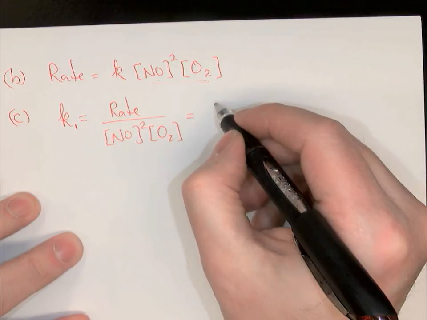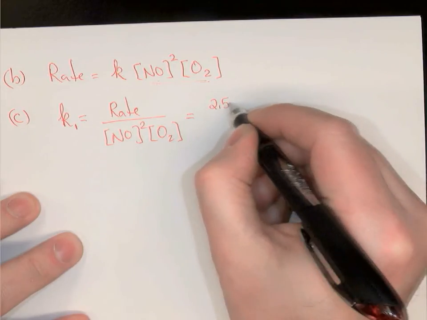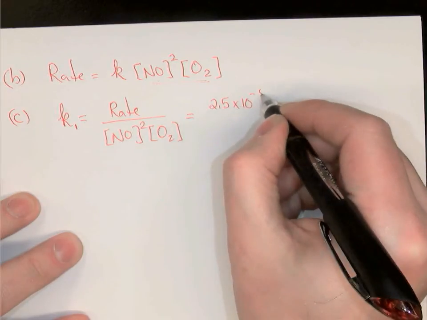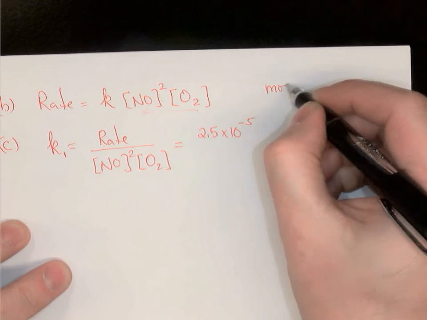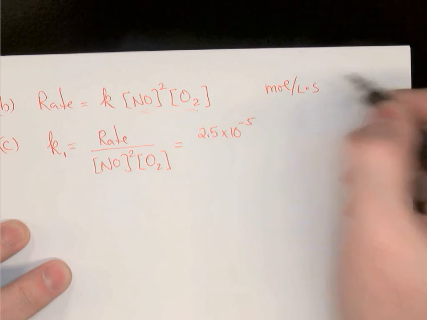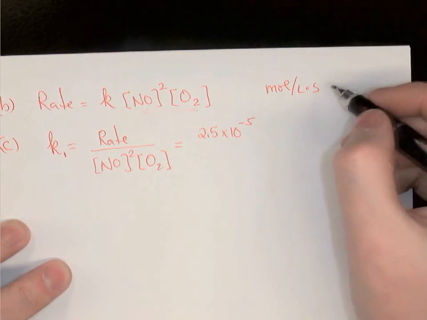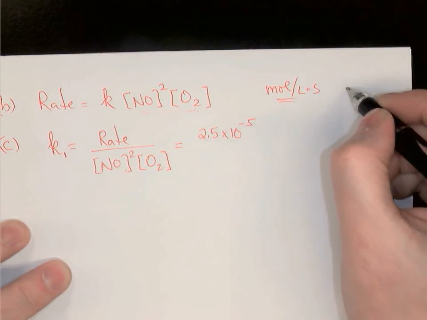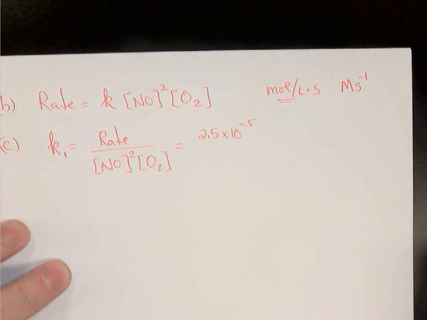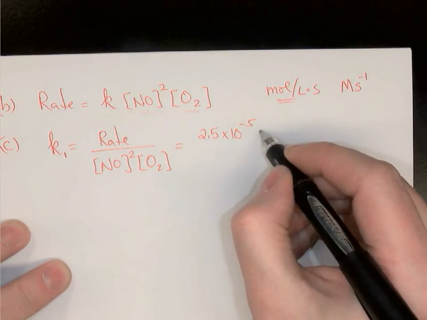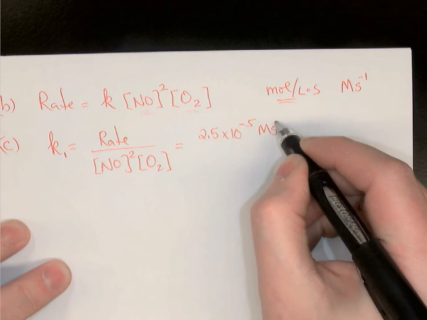The rate there was 2.5 times 10 to the minus 5. Now it says moles per liter per second. Moles per liter is molarity. So really, this is molarity per second, and that's how I'm going to put it in here, just to make it a little bit easier.